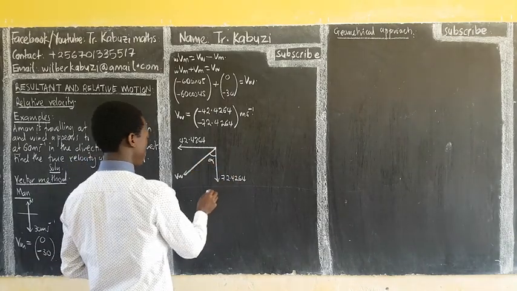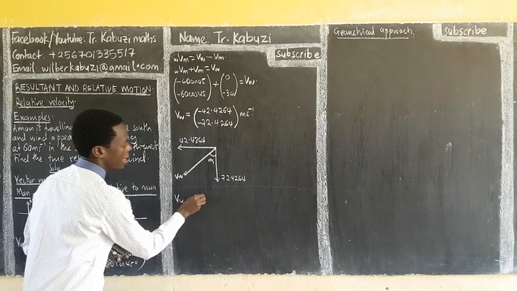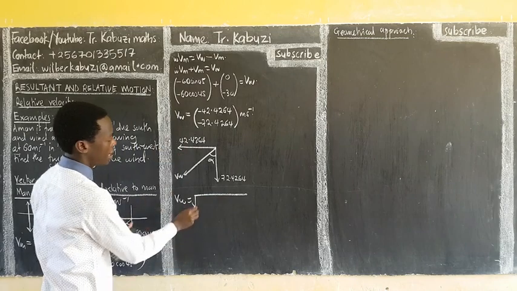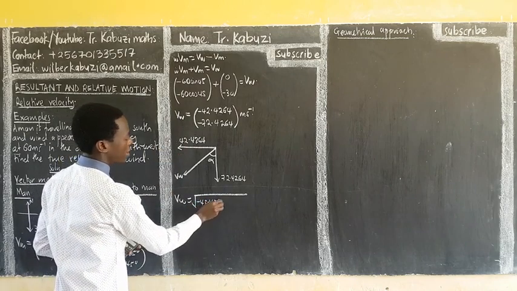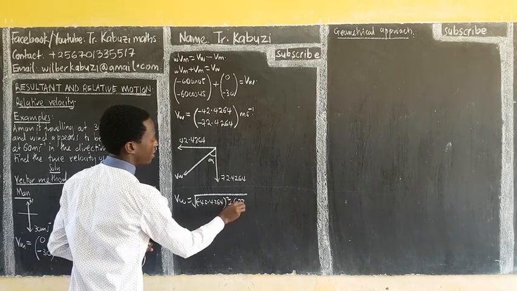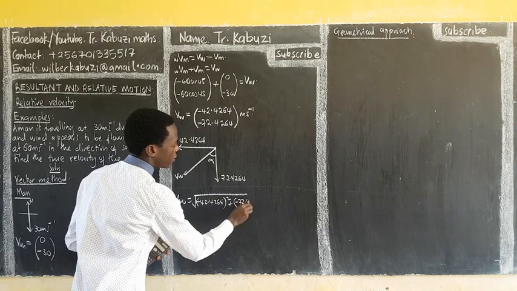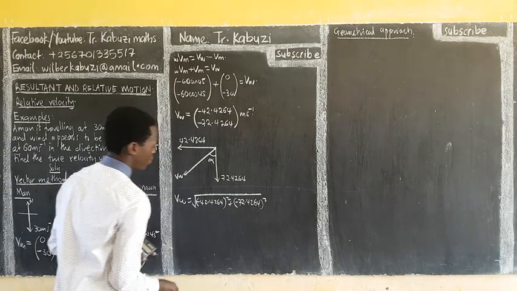So from here, you can see that the velocity of the wind is going to be the square root of negative 42.4264, the whole square, plus negative 72.4264, the whole square.